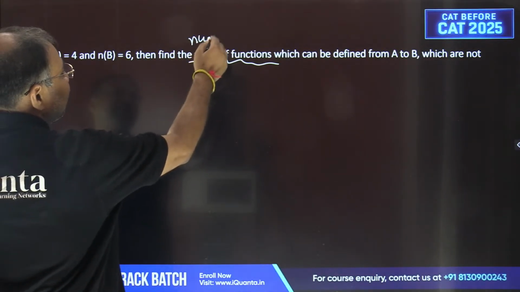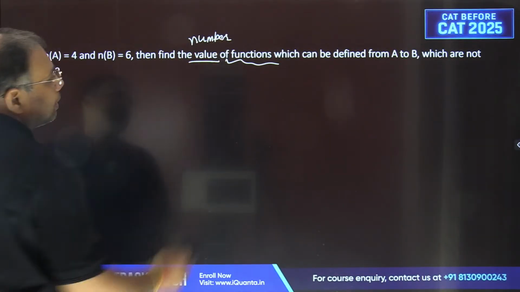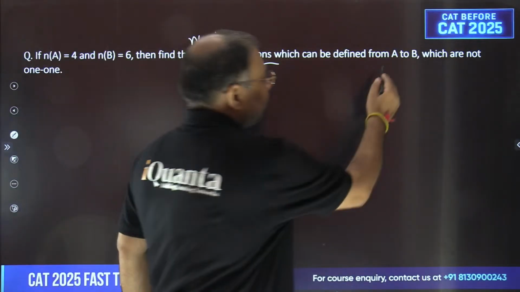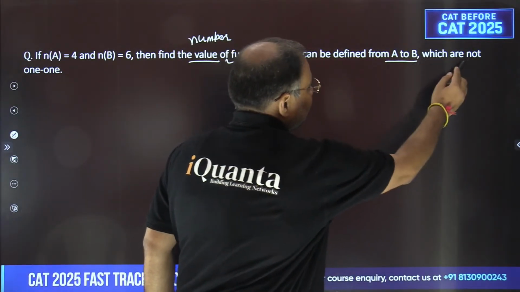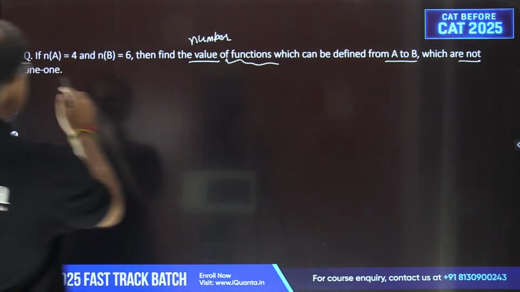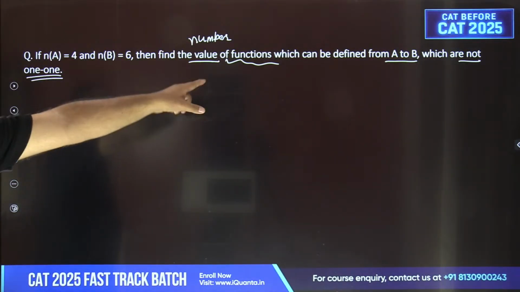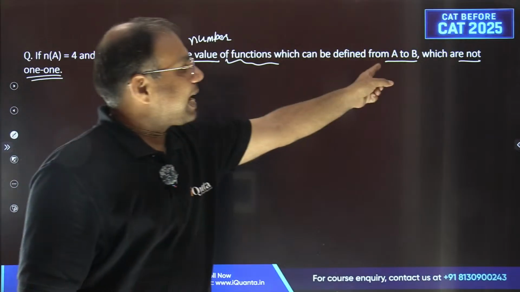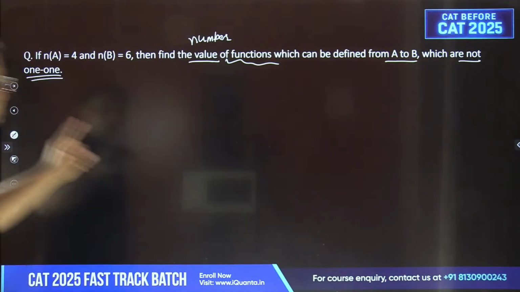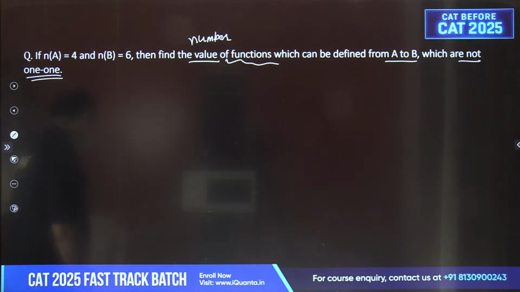Find the number of functions which can be defined from A to B which are not one-to-one. So it's a complete technical question. If you are aware about sets and functions, what a function from A to B means, and what one-to-one means, then you can solve it very easily.